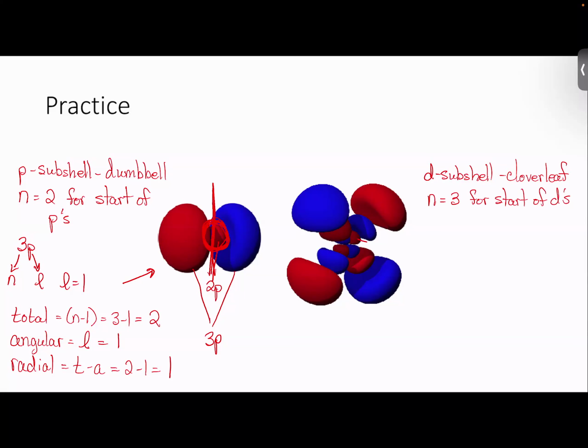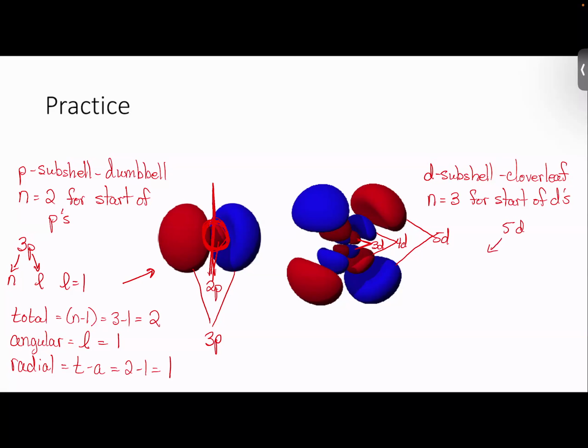Therefore, the smallest of these will be the 3D. The next one will be the 4D. And the one we're actually evaluating is the 5D. So we are looking at a 5D.